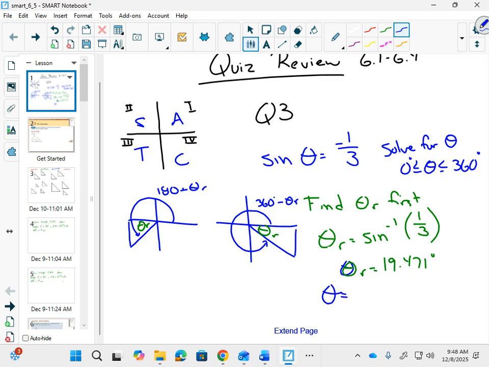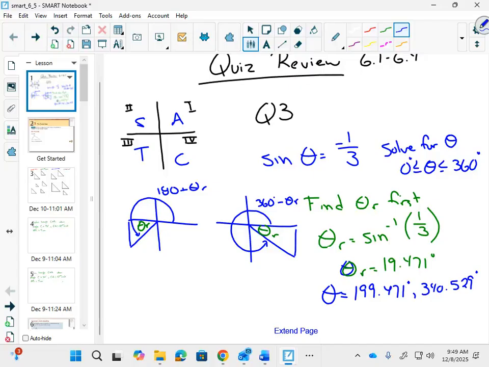And that will solve for theta, so I can go to my calculator. 180 plus my reference angle, and get 199.471 degrees, and 360 minus my reference angle, 340.529 to 3 decimal places.